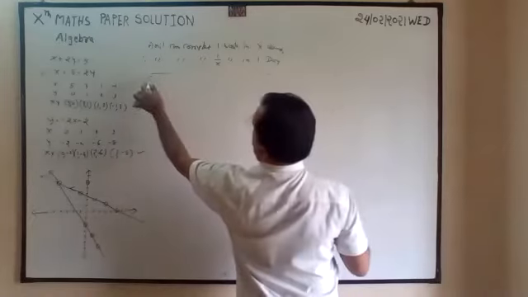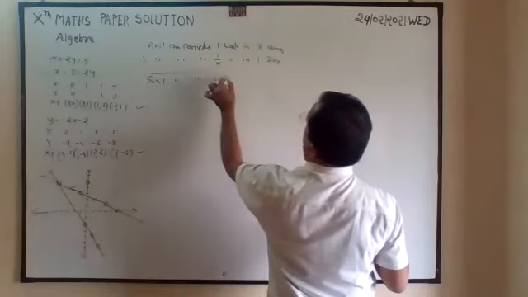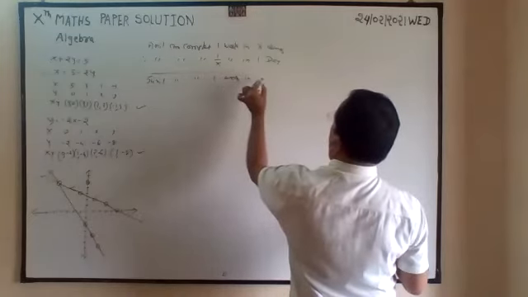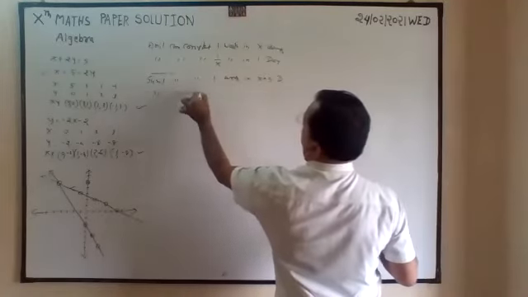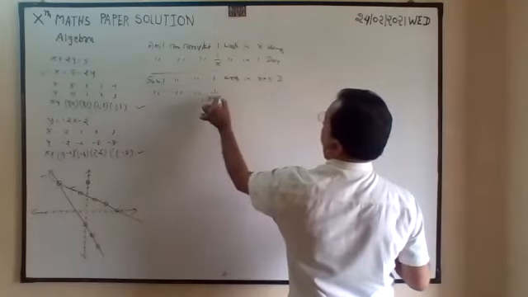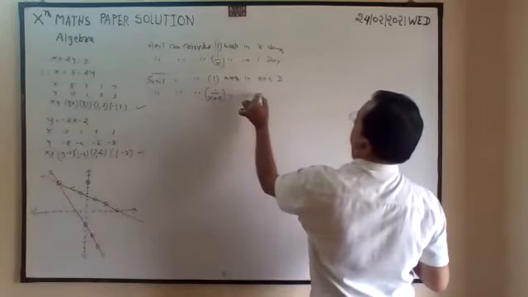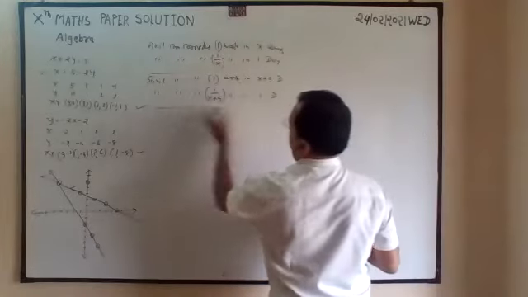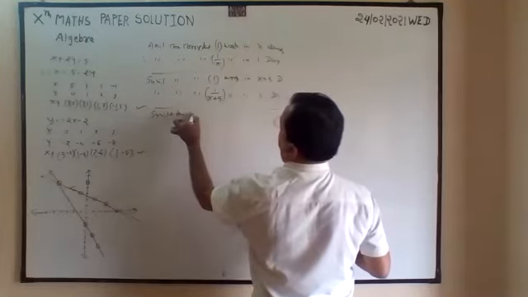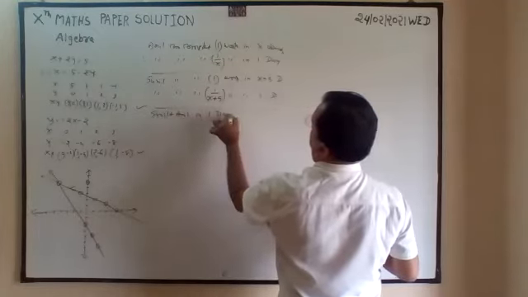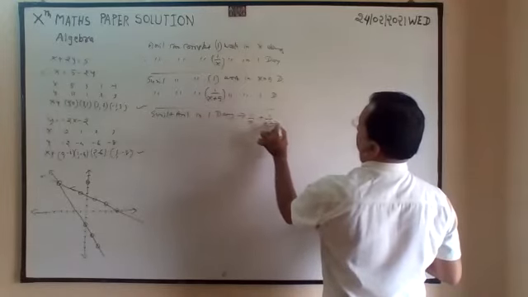Sunil can complete one work in 5 more days, so Sunil can complete 1 by X plus 5 work in 1 day. Sunil plus Anil in 1 day can complete 1 by X plus 1 by X plus 5 work.